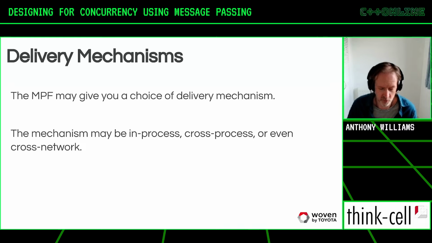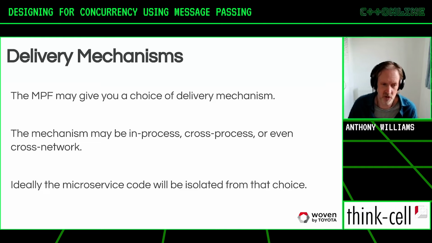But one of the key benefits of using the framework is that the code itself doesn't care. I write a handler for message of type ABC. I don't care how it got to me. If I'm sending a message of type ABC over to node X, I don't need to care how it gets there. I just tell the framework, this is the message, this is where it's going, you take care of the delivery.